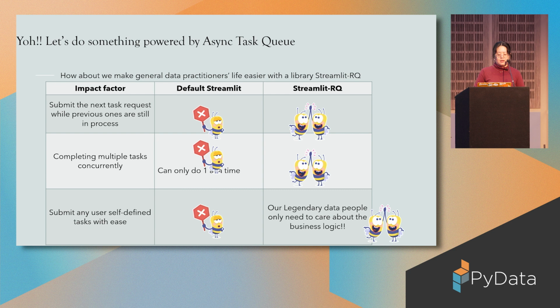So it's not just that the requests can be completed one after another without waiting, but at the same time, the tasks that have been submitted and in process in the background can also be processed concurrently.